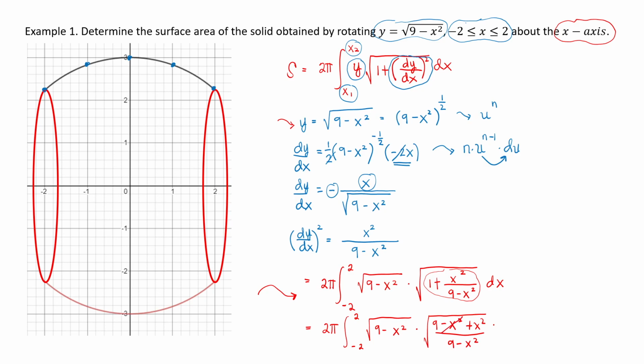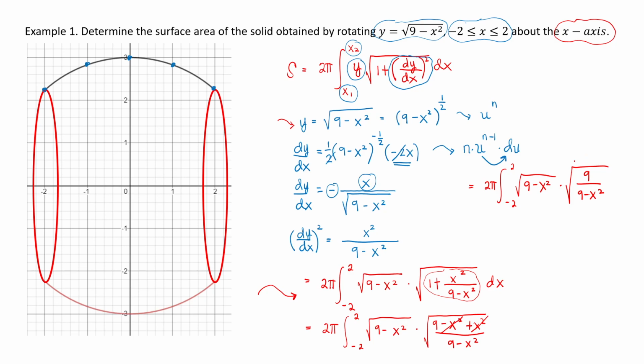Cancelling out negative x squared and positive x squared, this leaves you 2 pi from -2 to 2, square root of 9 minus x squared, times 9 all over 9 minus x squared.